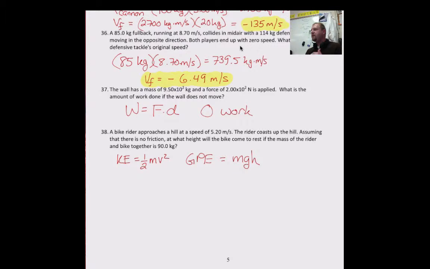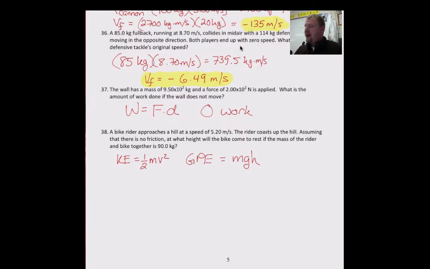So basically what we're looking at here is a conversion between kinetic energy and how much of that energy is going to carry them to what height up the hill. So really, the energy that they start with, kinetic, will be completely converted to gravitational potential energy entirely. It's 100% conversion. So we can find the kinetic energy before, set it equal to gravitational potential energy, and then work out the things we know to find height.